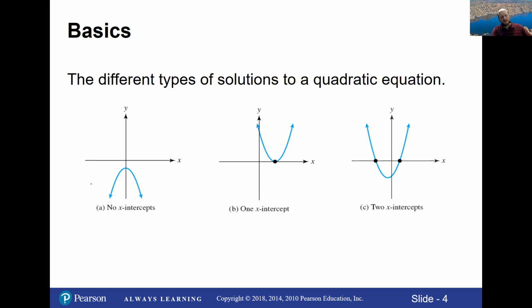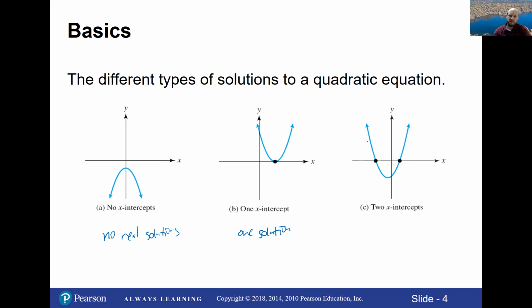We have another case where the quadratic would have one x-intercept, or it would just touch the x-axis one time, and that would have one solution. So this one would have no real solutions. This one would have one solution, where it just touches the x-axis.